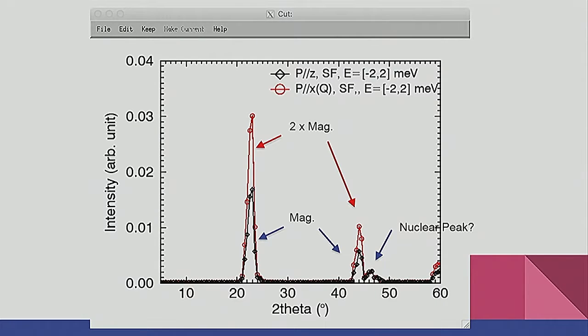But if you take a closer look at other cuts, according to the theory, the red curve should be twice as intense as the black curve.